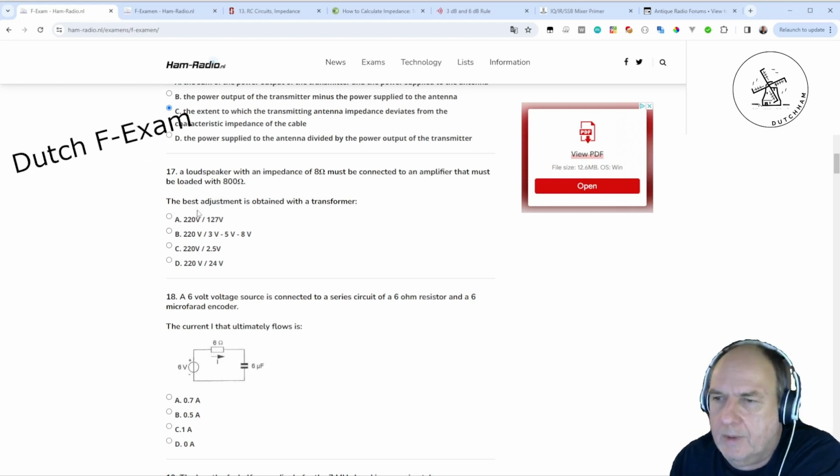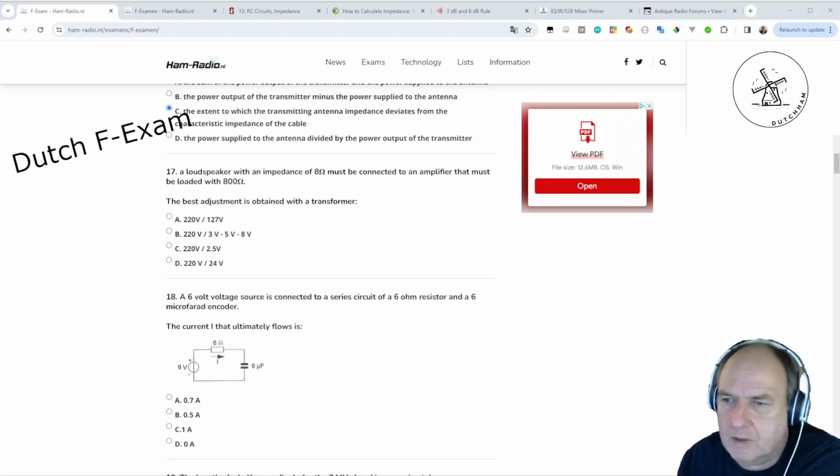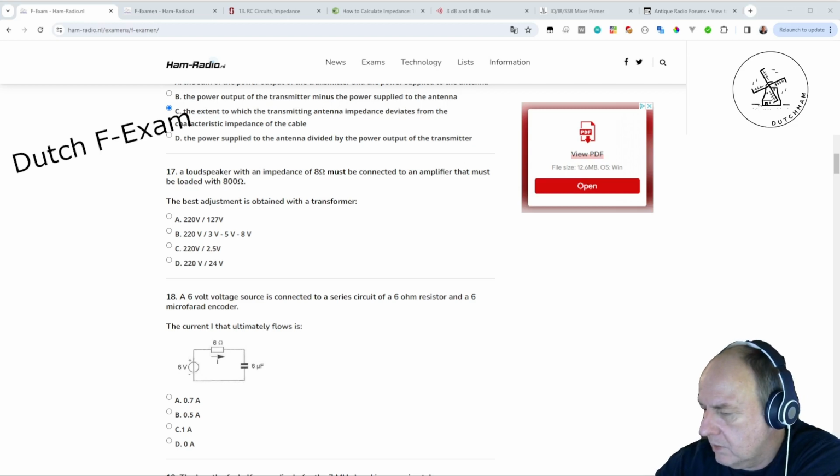So this will be, I don't think it is allowed on the exam, but let's use the calculator. 200 divided by 127. So answer A is the square root of 3.